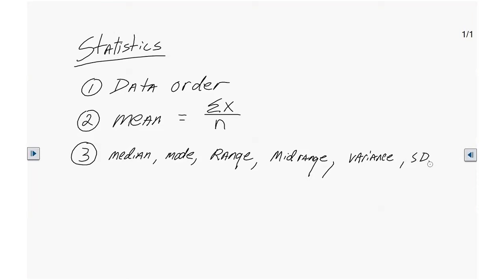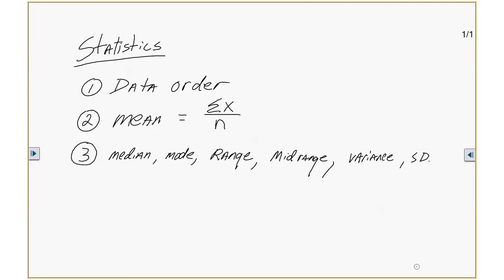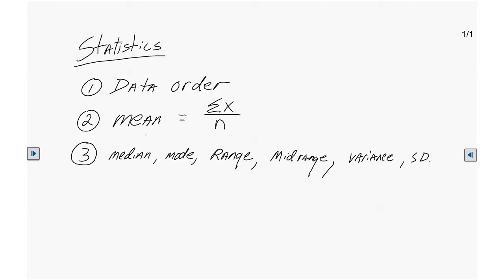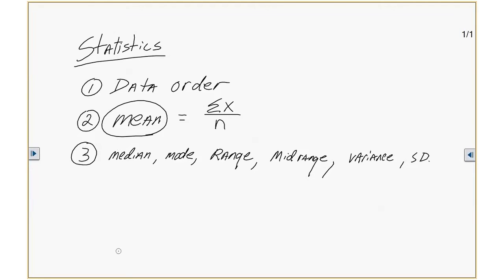Now, the two most important numbers in statistics. Can anybody tell me the two most important numbers? The mean and the standard deviation. I don't care where you are. I don't care what career choice you pick. Those are the two most important in any career. If you're in nursing and you're trying to figure out how many people made it on your floor and how many didn't, you're going to go with the mean and standard deviation.